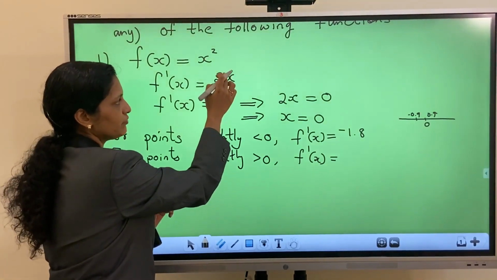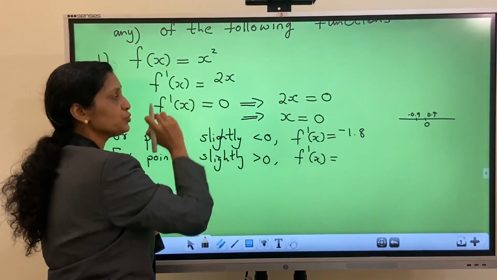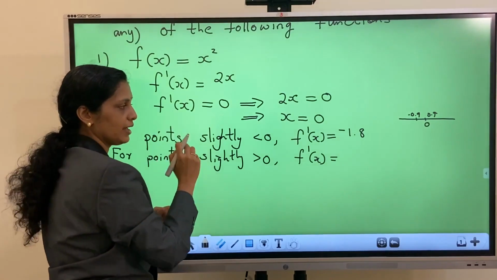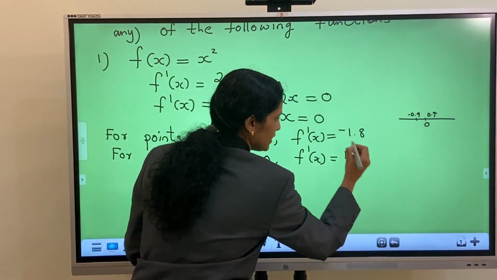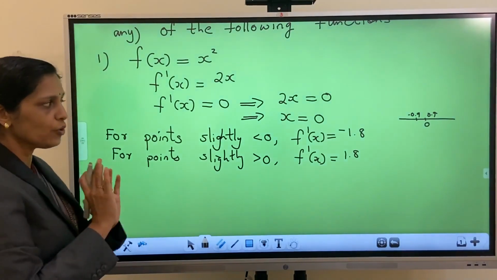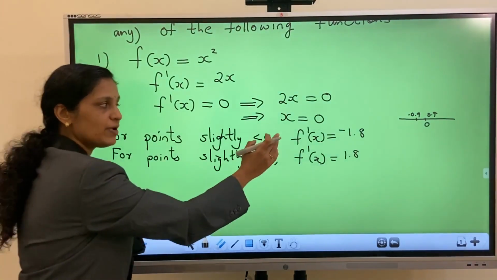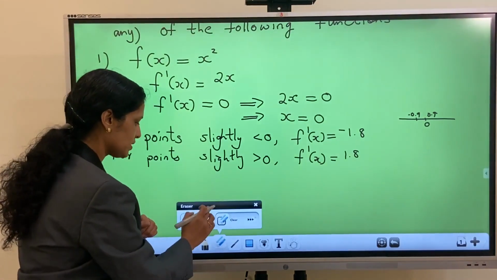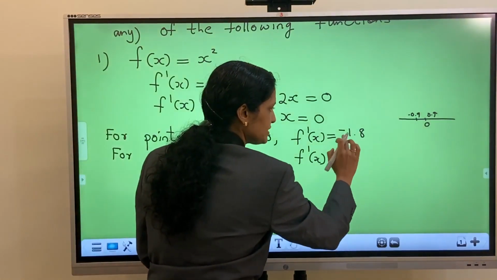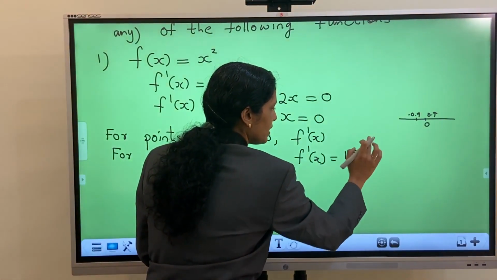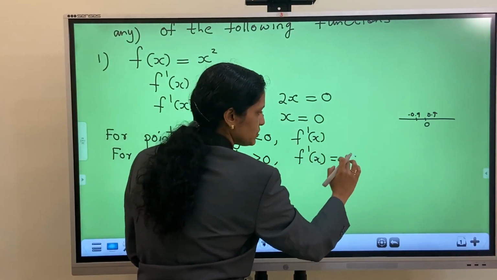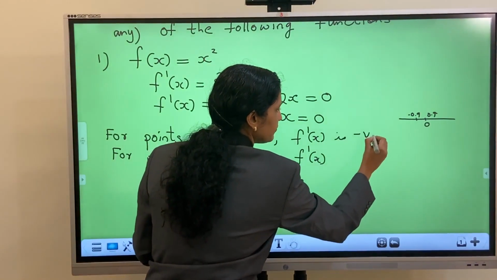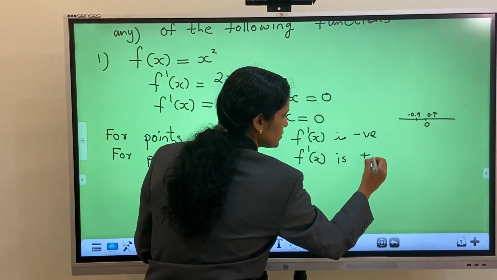When you give the value 0.9 in 2x in f dash x, 2 into 0.9, you are getting 1.8, a positive quantity. No need to find the exact value; we actually want to know whether it is positive or negative. Therefore, on the left f dash x is negative and on the right f dash x is positive.